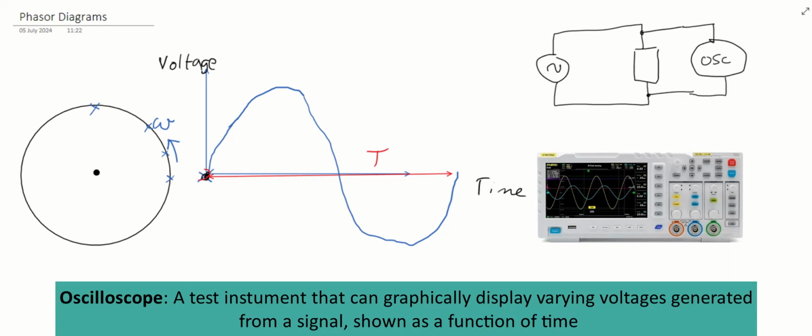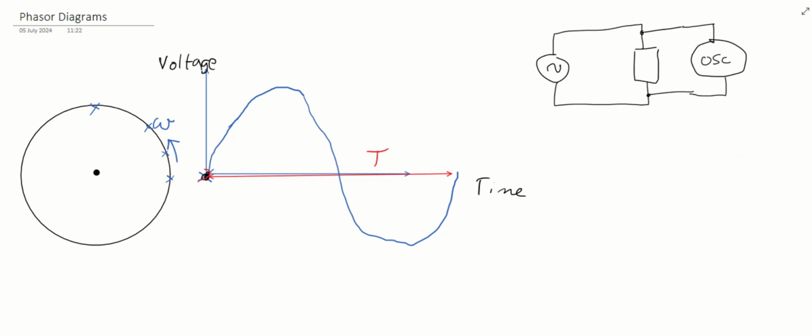On here, this is the waveform you would see, a continuous sine wave. So this would be the waveform.